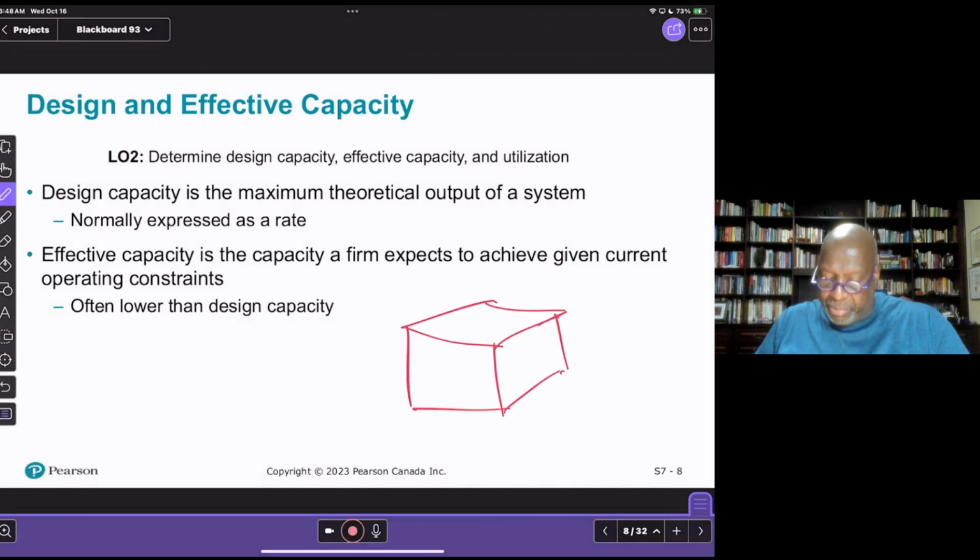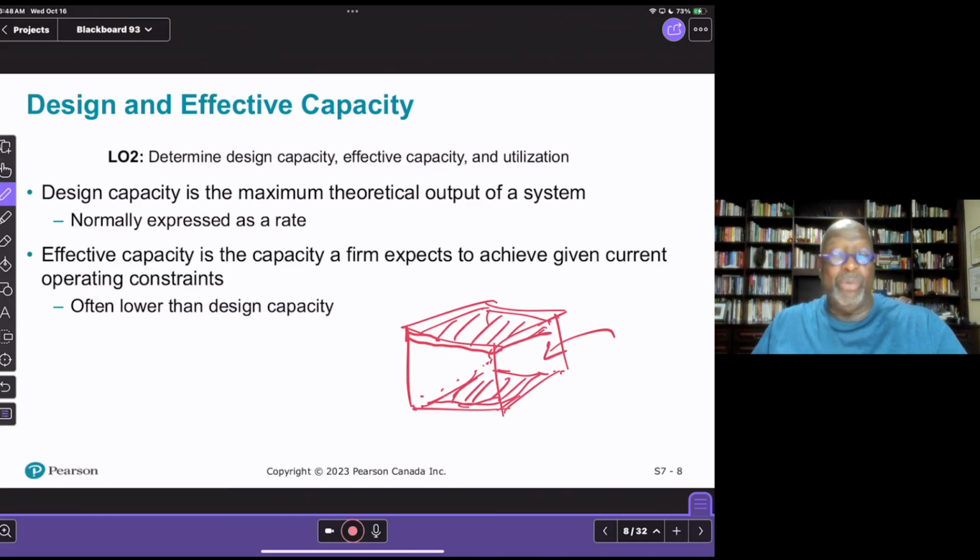It has a particular design capacity, but because of some aspect of it, maybe I need a cushion at the top for protection and a cushion at the bottom, now the effective capacity has been reduced by the space that is taken up by this layer versus this layer. So your design capacity is one thing based on the dimensions of that box, but your effective capacity is what you could actually utilize.